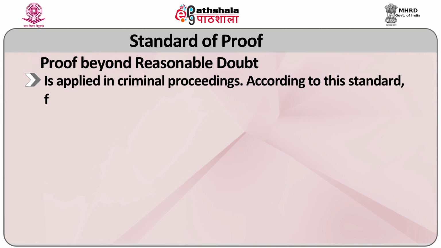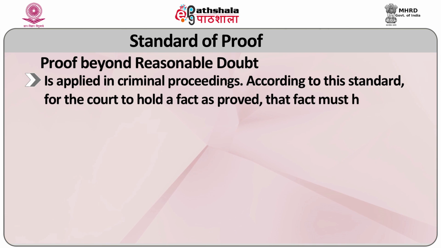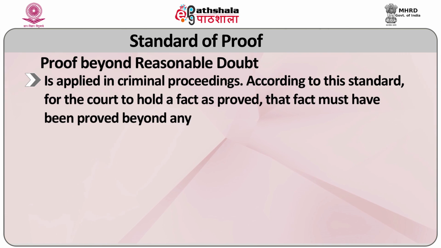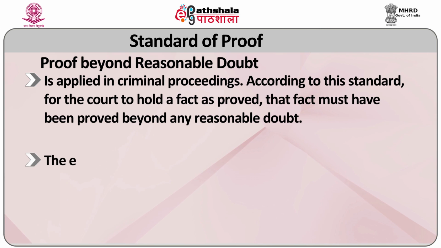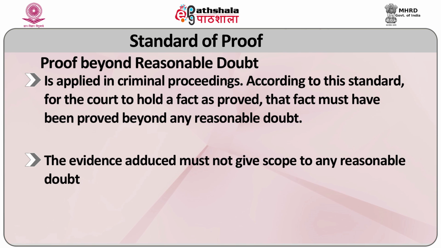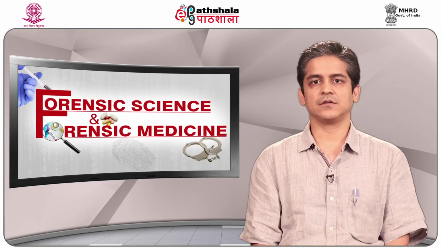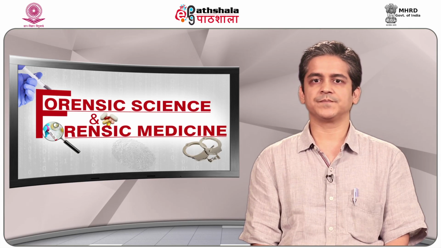According to this standard, for the court to hold a fact as proved, that fact must have been proved beyond any reasonable doubt. The evidence adduced must not give scope to any reasonable doubt regarding the validity of the conclusions reached. Let's consider an example.